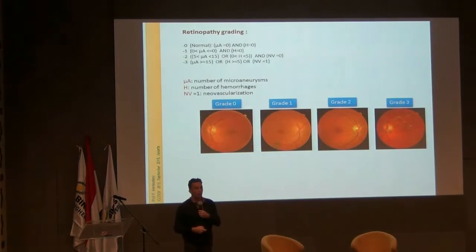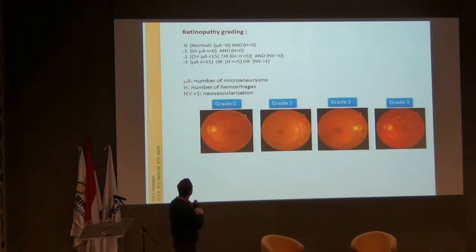The way we usually grade DR, diabetic retinopathy: grade 0, nothing, perfect. Grade 1, you start to have a few microaneurysms, you see? Then hemorrhages. Then you start to get grade 2, with hemorrhages or microaneurysms and some neovascularization, not much, and so forth.